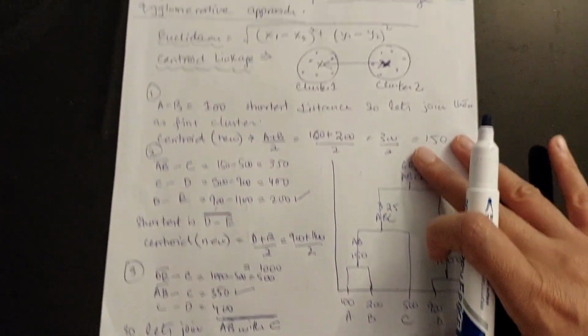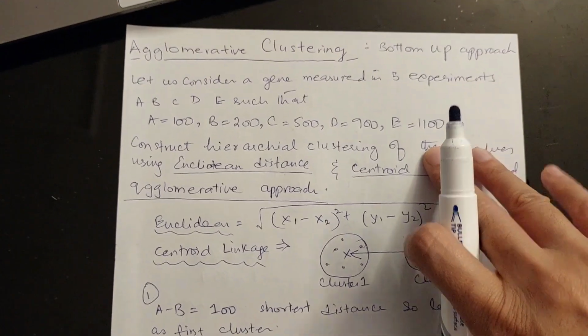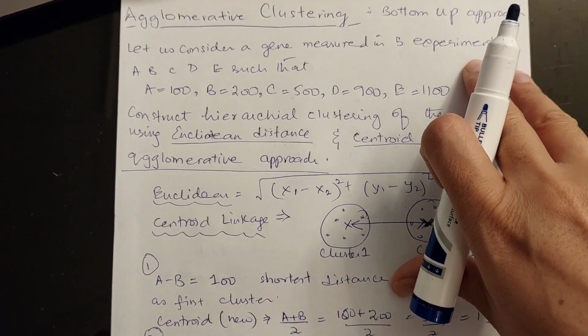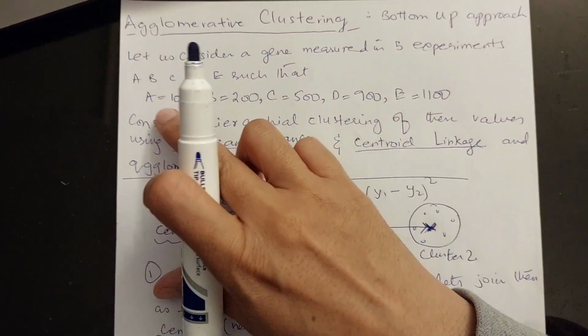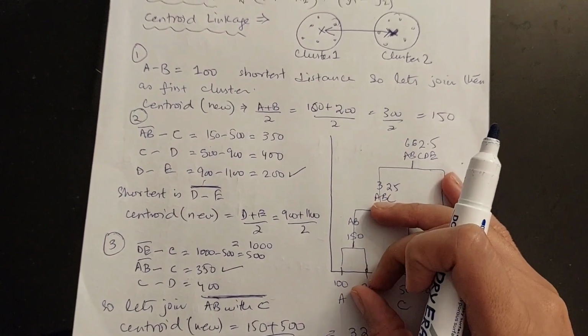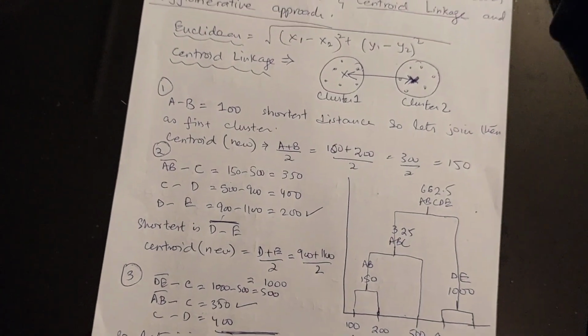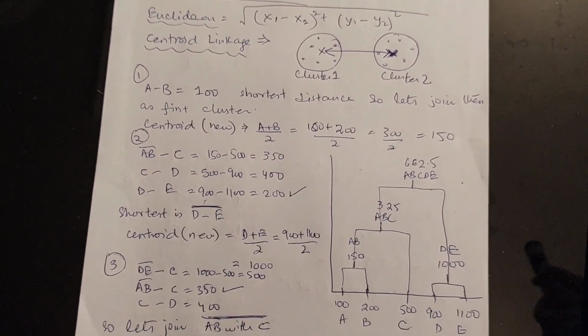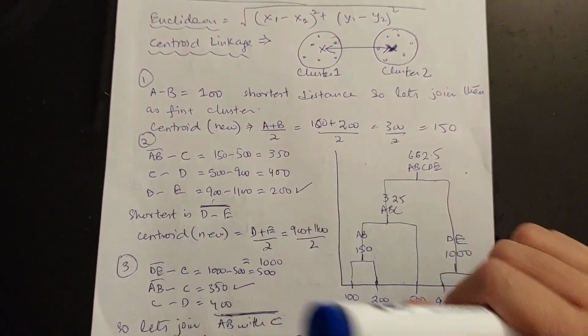So this is how we have actually joined up all these gene measurements in the 5 experiments, and we say that they cluster in such a way that first of all the closest gene values in the first 2 experiments came out to be A and B, and that is why we joined them in the first step.